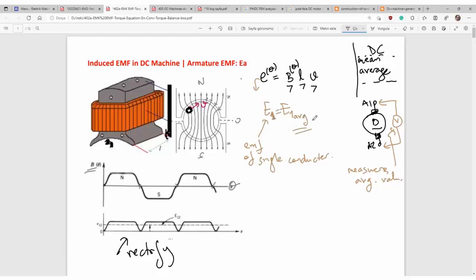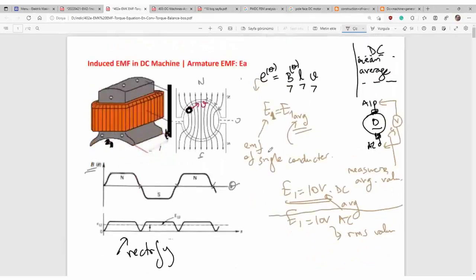So I will never mention AVG, average, again. If I say capital E1 is equal to, let's say, 10 volts, you should know that is an average value in DC. If I say E1 is 10 volts in AC, you should remember that is an RMS value in AC. Okay. Now, take care.